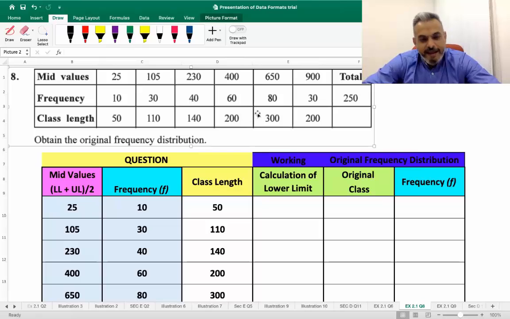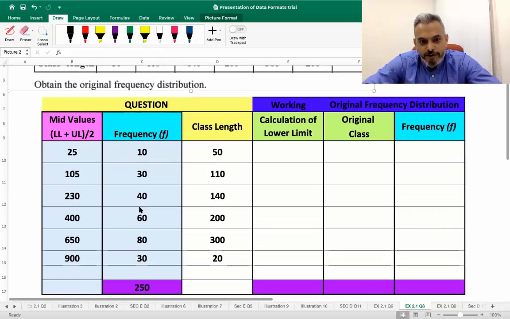Exercise 2.1 question number 8: mid values are given, frequency is given, and class length is given. Obtain original frequency distribution. Now you can see a working over here.